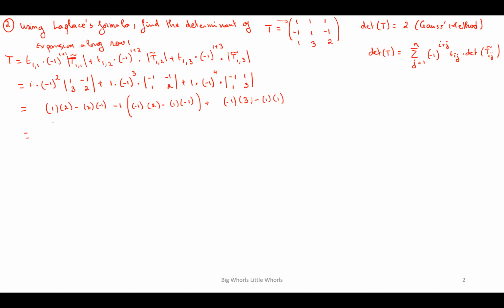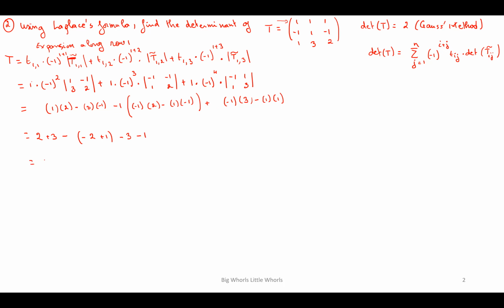So we are left with the 2 plus 3, minus, inside here we have minus 2 plus 1, plus here we have minus 3 minus 1.